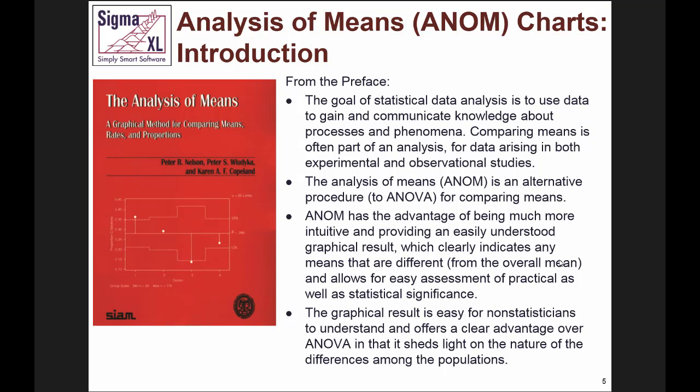It has the advantage of being much more intuitive and providing an easily understood graphical result. And it clearly indicates any means that are different from the overall mean, allowing an easy assessment of practical as well as statistical significance. The graphical result is easy for non-statisticians to understand and offers a clear advantage over Anova in that it sheds light on the nature of the differences among the populations.